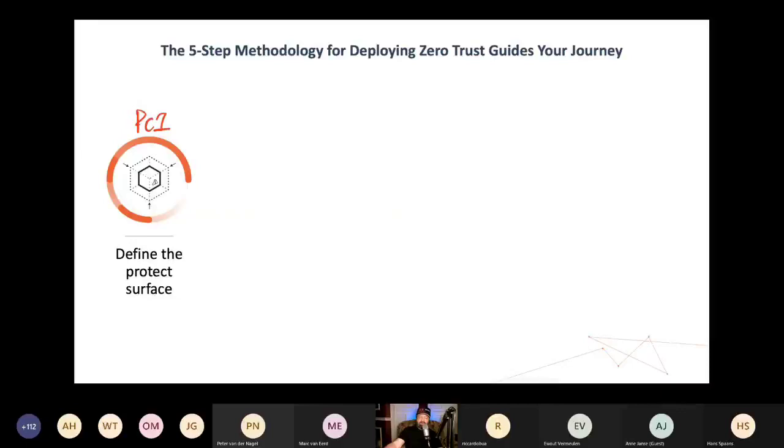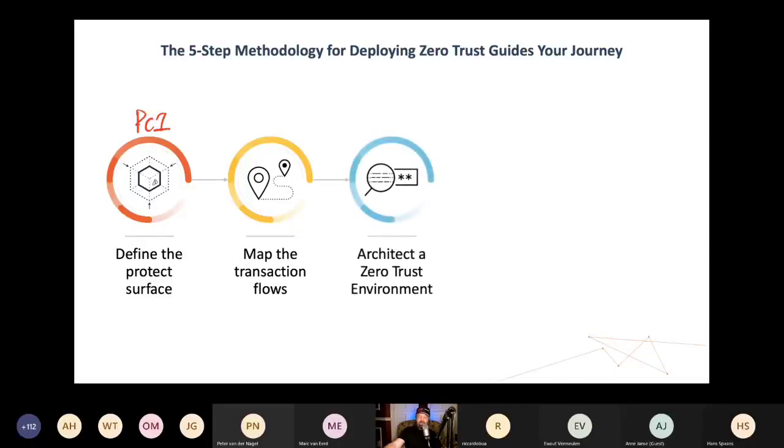Now we need to look at that system and map the transaction flows of the system that uses PCI data. After we've done that, we will then be able to determine the correct architecture to control that in the appropriate way. So most people start with architecture, and everybody wants the reference architecture for zero trust so they can just substitute it.